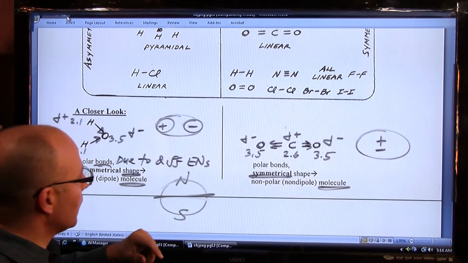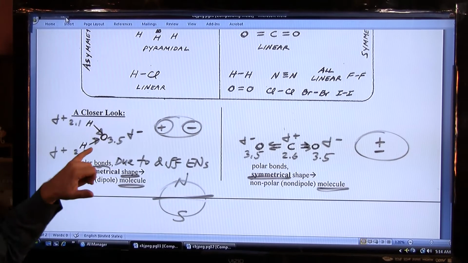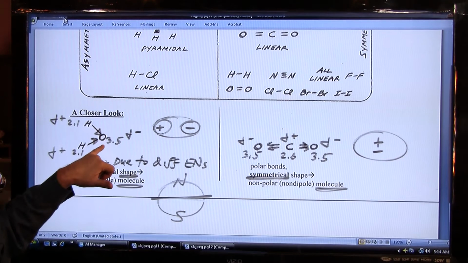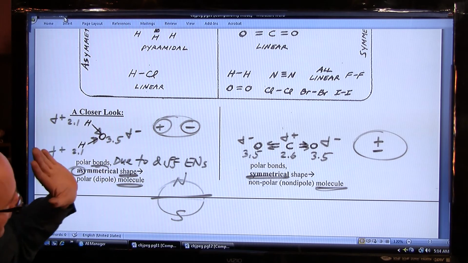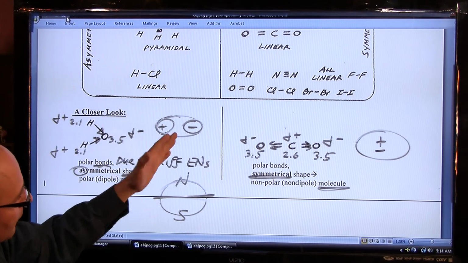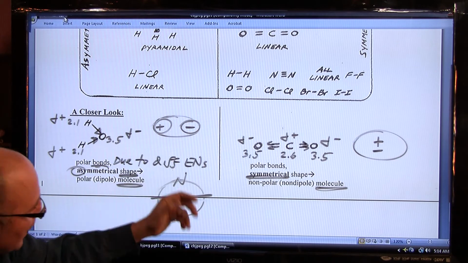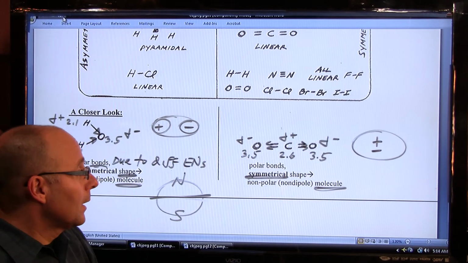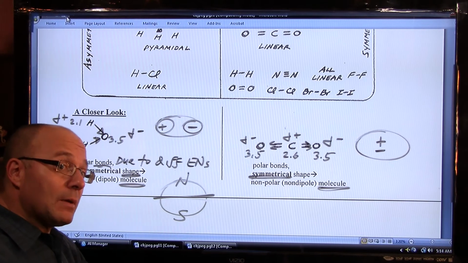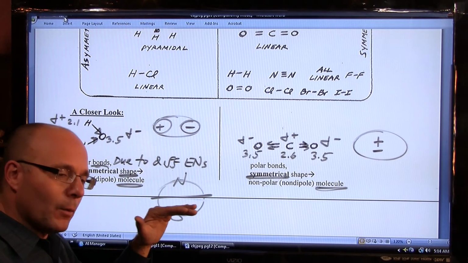While in this molecule, in terms of centers of charge, the center of negative charge is the oxygen. The center of these hydrogens is somewhere here, separate from the oxygen. So since the centers of charge here are in two different places, this molecule is a dipole, and this molecule is a non-dipole.